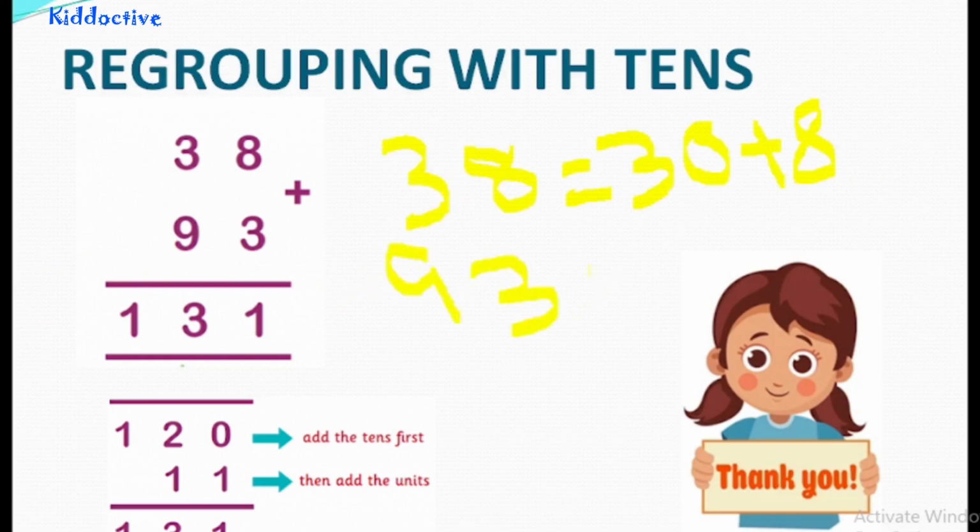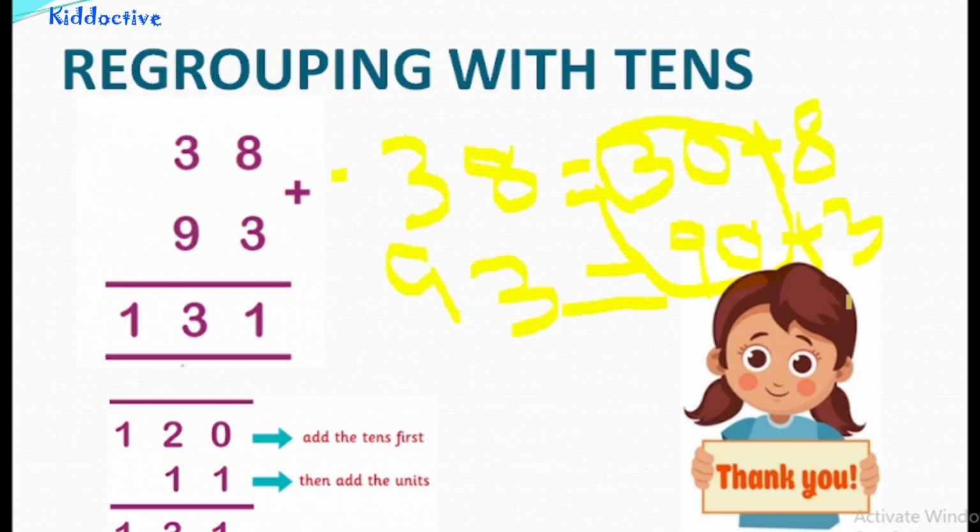So tell me how I am going to write it, expand it. Yes, you guys are too smart. So first we are going to write 90 plus tell me. Yes, 90 plus 3. So we are going to add the tens place first. 30 plus 90, we are going to add it.